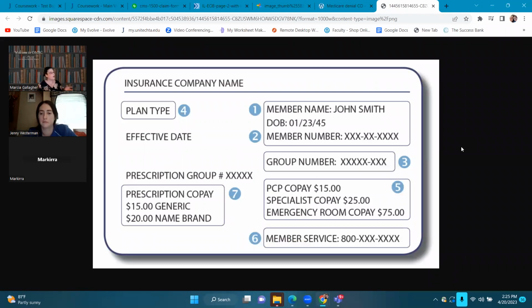When we talk about copays and deductibles and all of these different things, sometimes you're like, how do we know what their copay is? How do we know what they need to pay when they go into the doctor's office? Well, 99% of the time, it is already on the insurance card.